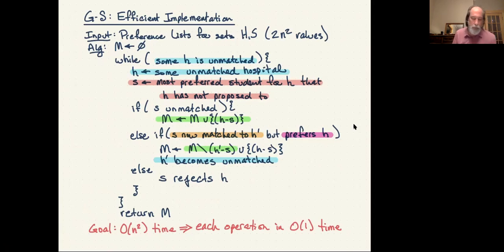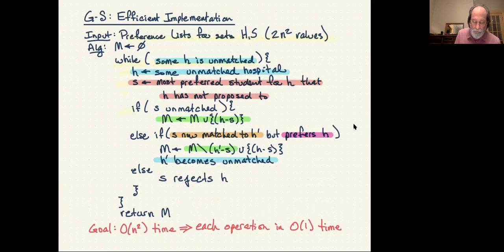So let me run through quickly again what the algorithm is, as a reminder. Let me pick a different color so I don't mess things up too much. We input our preference lists. Then as long as some H is unmatched, we pick an unmatched H and its most preferred student that it hasn't proposed to yet.